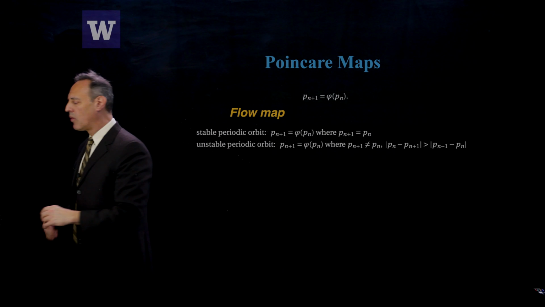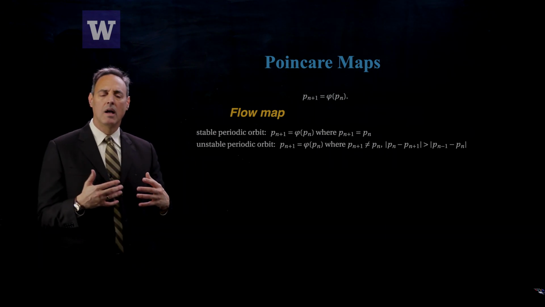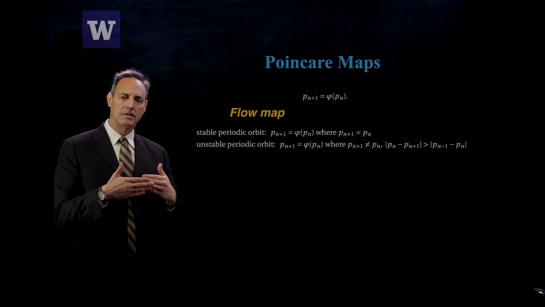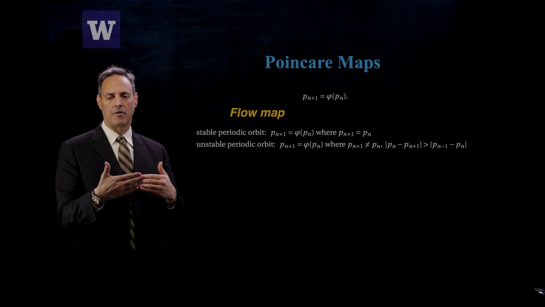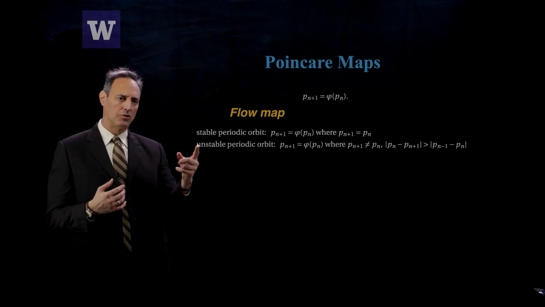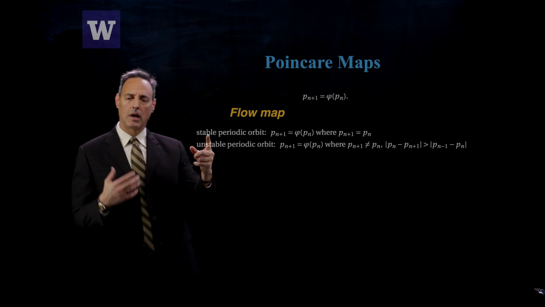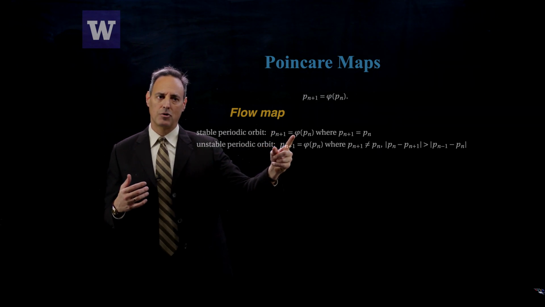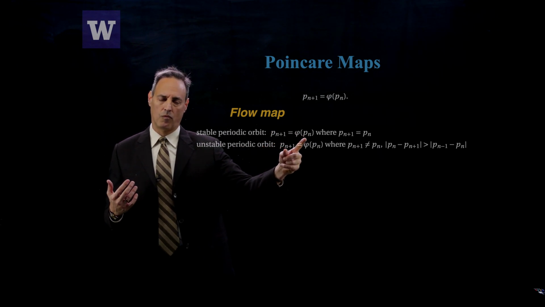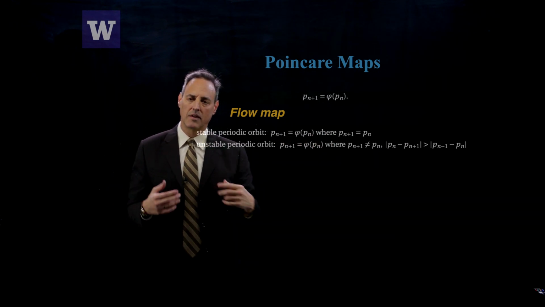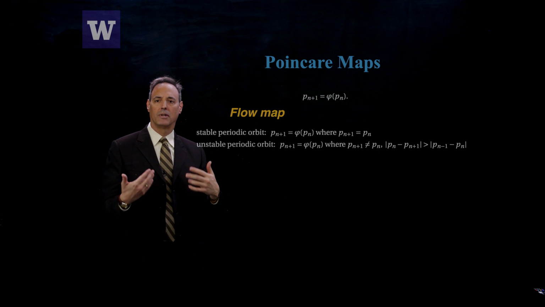And so this is one way to start thinking about how to quantify these periodic solutions, which is I want to look at where this solution is after every period, right? And so stability really comes down to this idea that when I look at these Poincare maps, P of n plus 1 mapped through this flow map from P of n, stability is really giving you P of n plus 1 equals P of n.